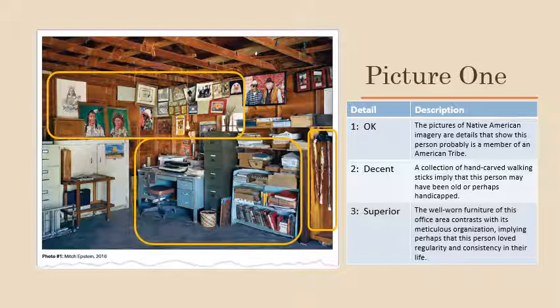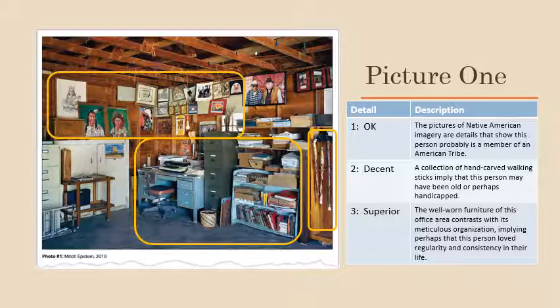It's meticulously organized is what I said. So you can see hopefully the progression of the types of descriptions I'm providing for those. And also just 3 things that I've noticed. We could definitely notice more things in this picture, but those are the 3 that I'm picking out.